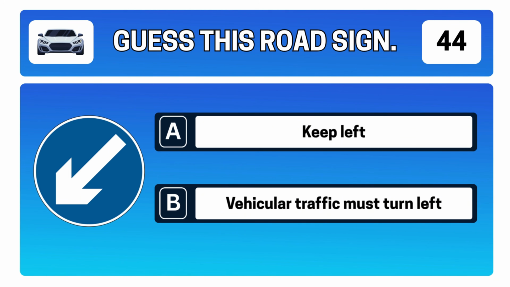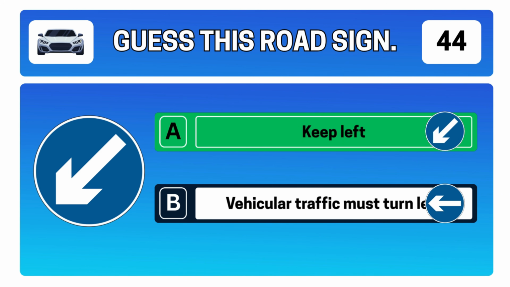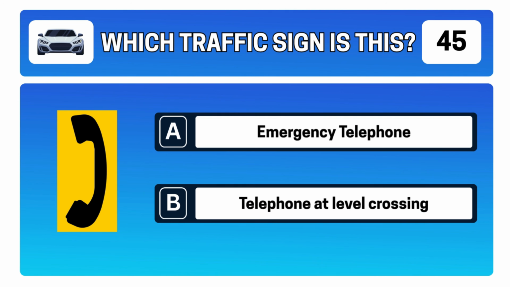Guess this road sign. A. Keep left. B. Vehicular traffic must turn left. Well spotted. It is the keep left sign. Which traffic sign is this? A. Emergency telephone. B. Telephone at level crossing.